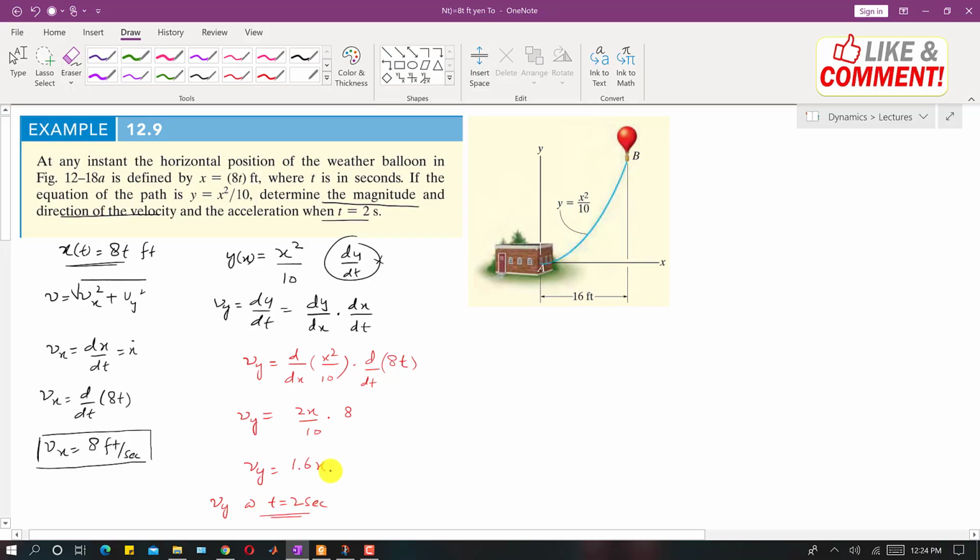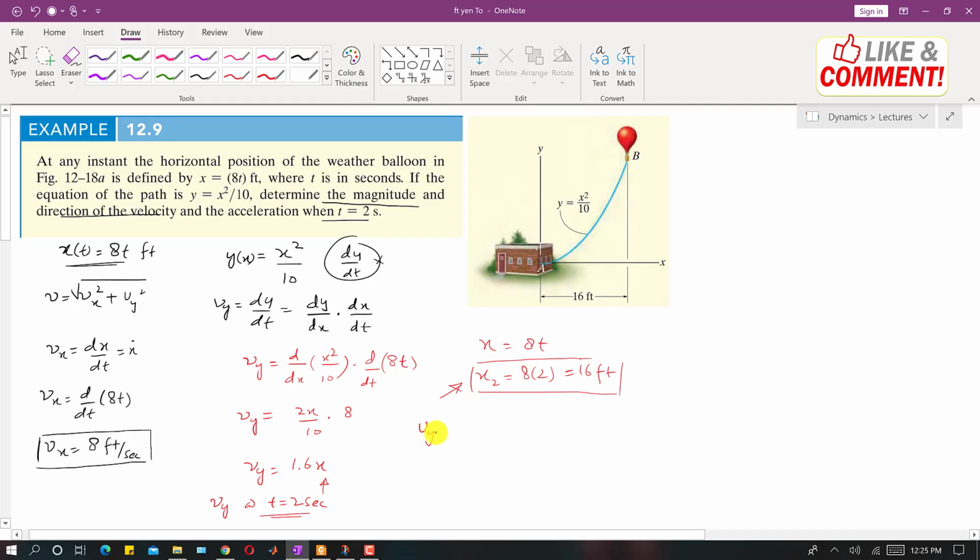So first we have to find x at t equals 2 seconds. x is equal to 8t, so x at 2 seconds will be 8 times 2, which is 16 feet. So at 2 seconds the balloon will be at a distance of 16 feet from the origin along x.